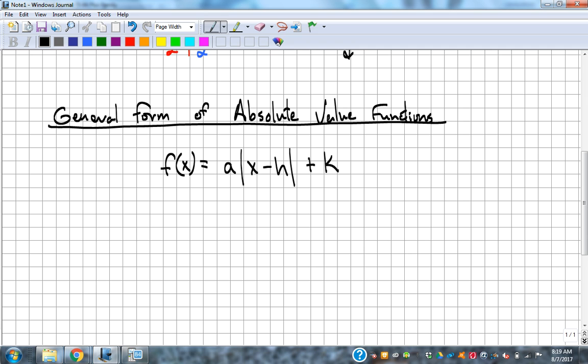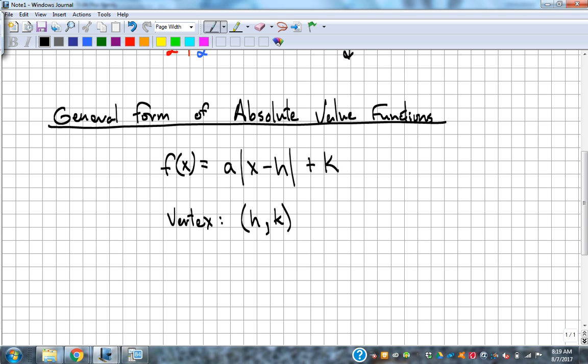It looks a lot like vertex form of a quadratic. Remember that from Algebra 1. If you don't, that's okay. We're learning it now. Okay, so it looks a lot like that. The key is that you can get the vertex right out of the equation. The vertex is going to be at the ordered pair (h, k).